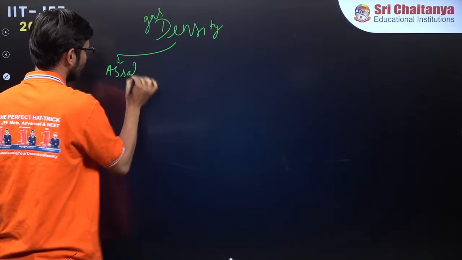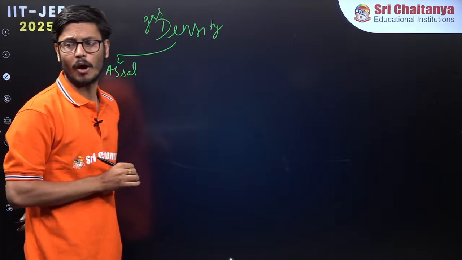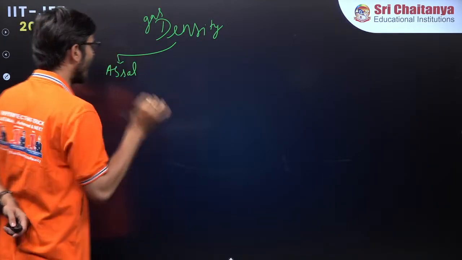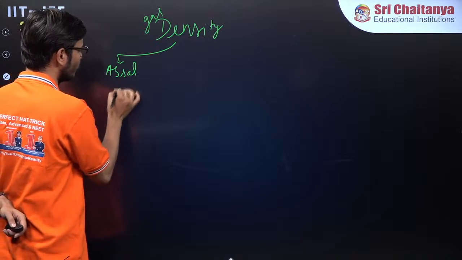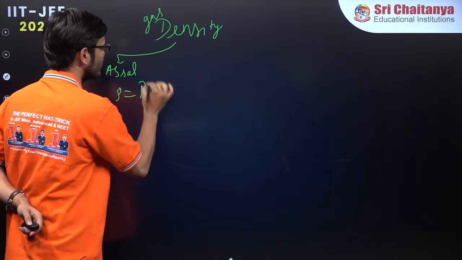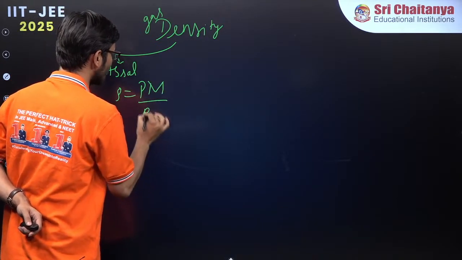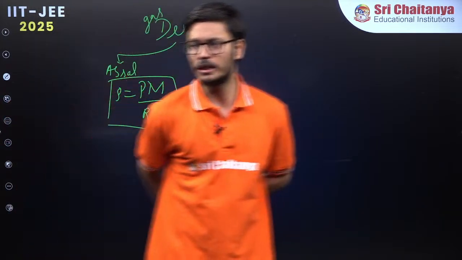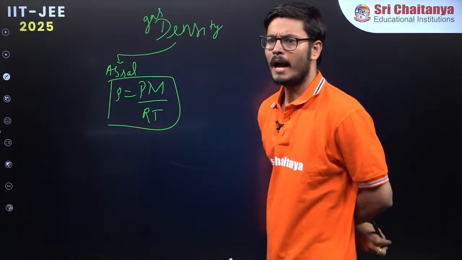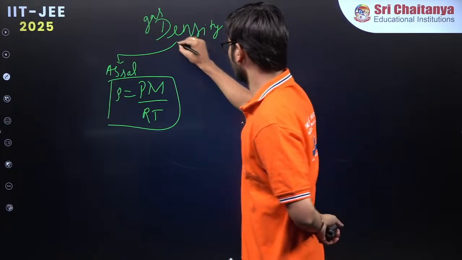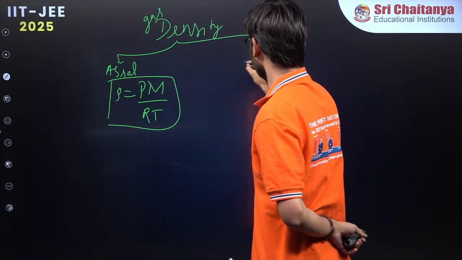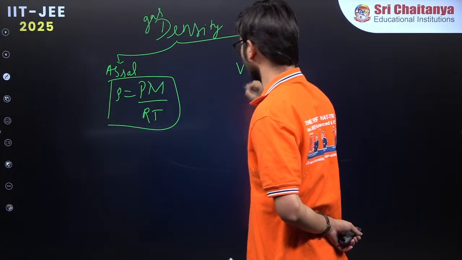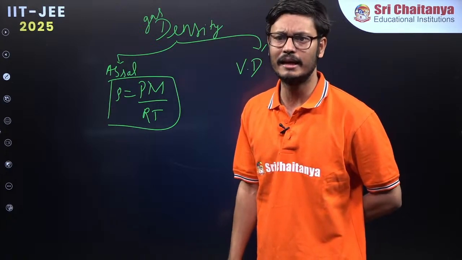Absolute density is rho is equal to pressure into molar mass of the gas by R into T, right? So this was the formula of the absolute density. And what was the formula for relative density? So relative density is known as vapor density for the gases, right?